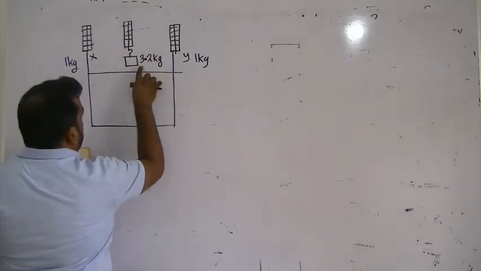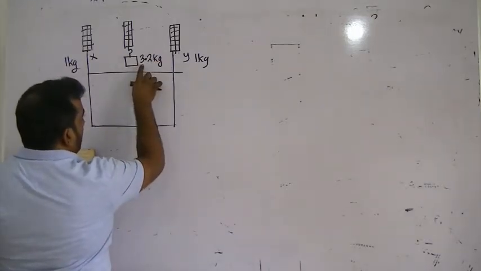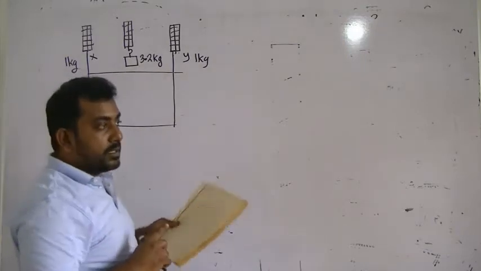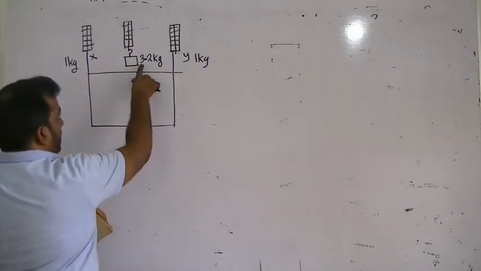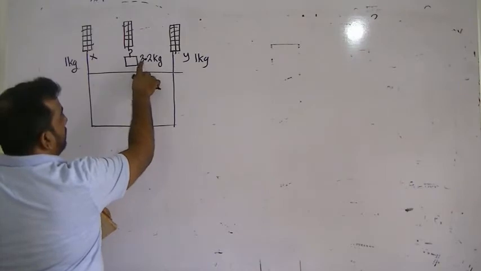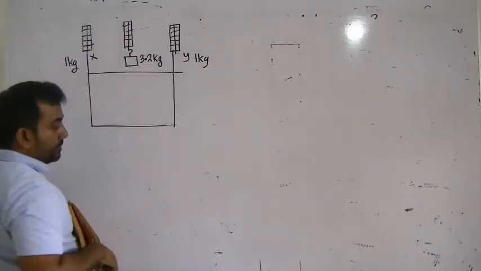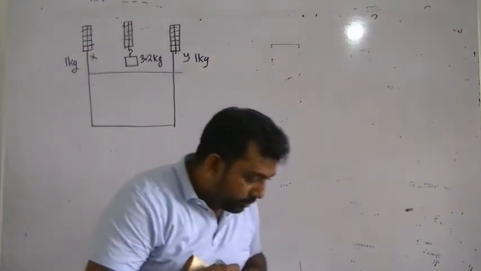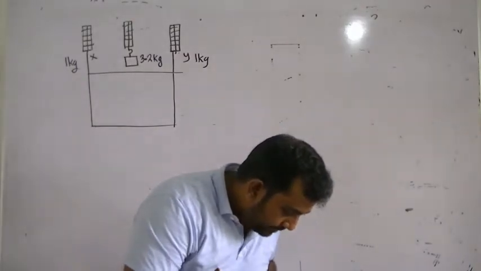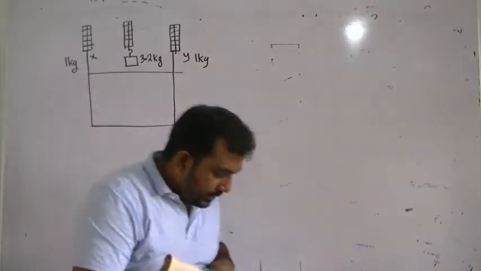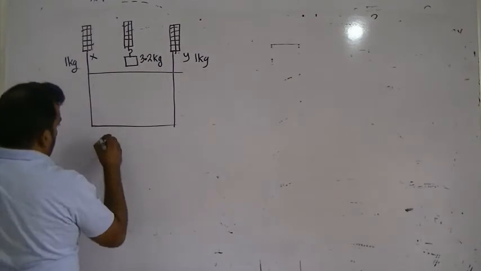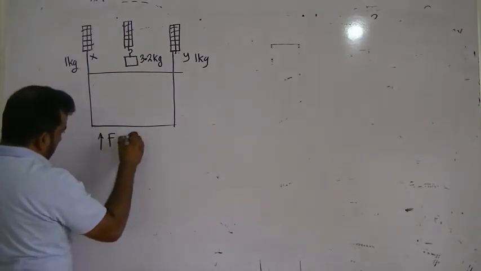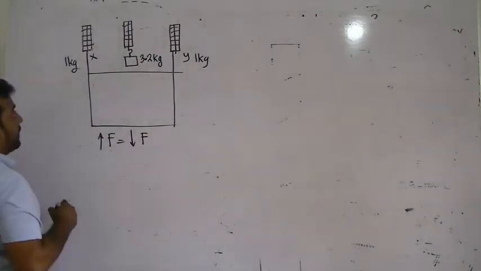In some books there is a printing error, including the past paper book that I am using. They have misprinted it as 1.2. It should be 3.2. Okay. So now we can find this: upward forces balance downward forces.